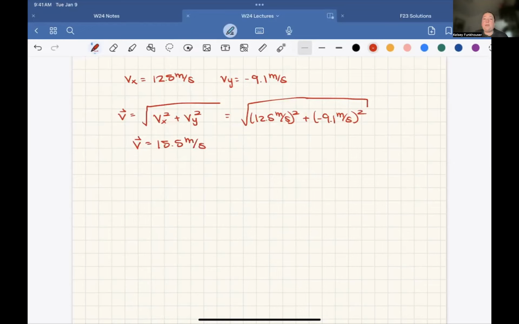And finally, we want to know what the angle is. I said this in the example problem from the last lecture: we have to define where we're taking the angle from. So for this, we're just going to take it from here. I'm going to call it phi because our launch angle was theta.